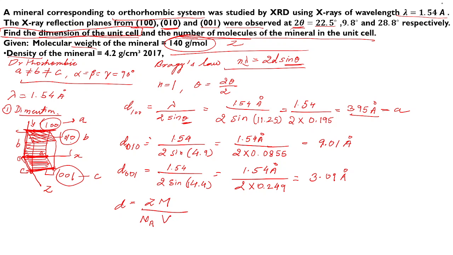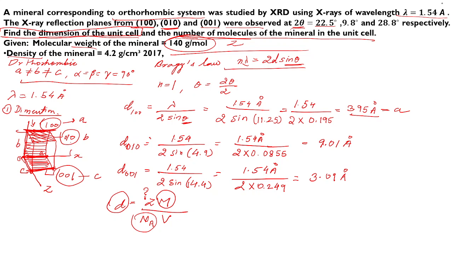So this is the formula where we already have this density, we have molecular mass, and they are asking for this, and this is Avogadro number. So this is already a constant.